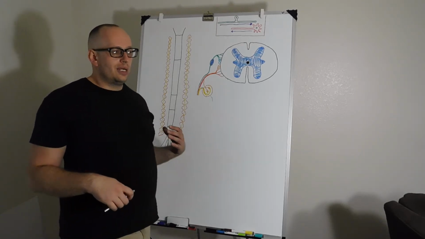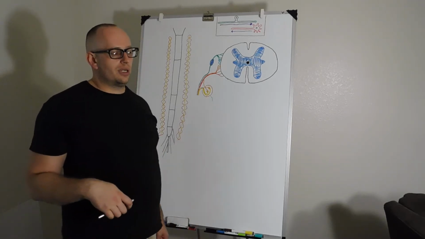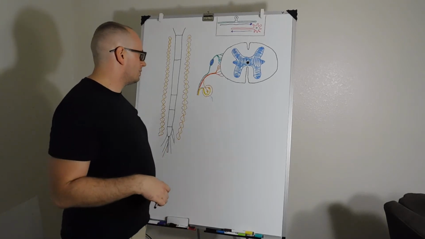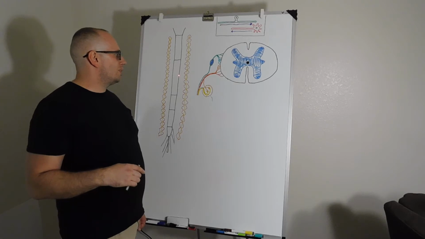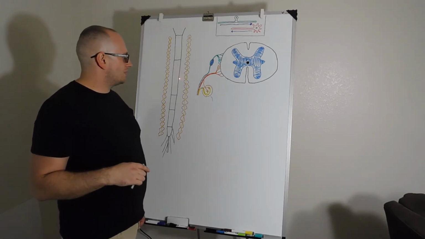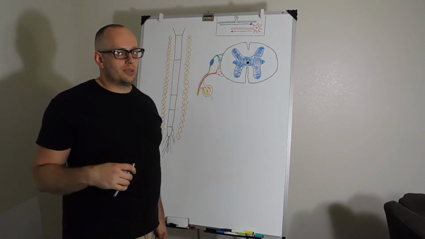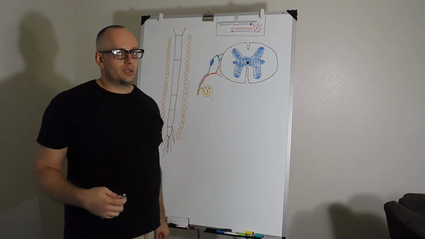The preganglionic parasympathetic neurons synapse in ganglia close to their target organs, whereas the sympathetic preganglionic neurons go just a short distance and synapse with the postganglionic sympathetic neurons at a distance from their target organs.